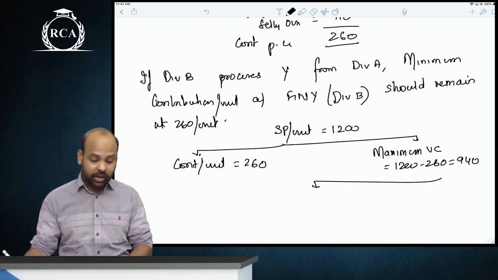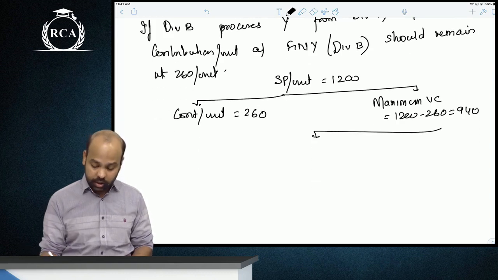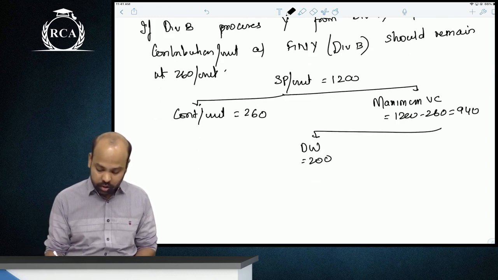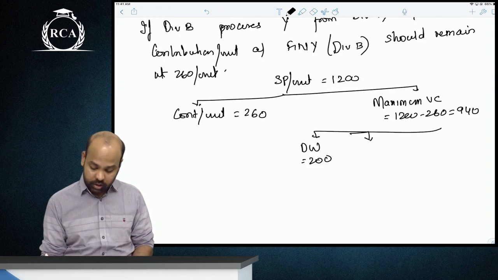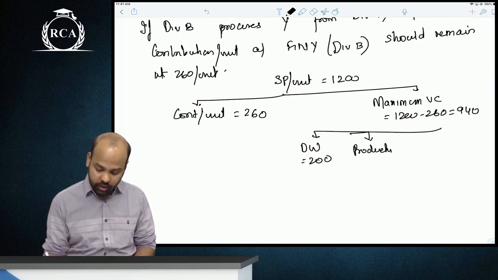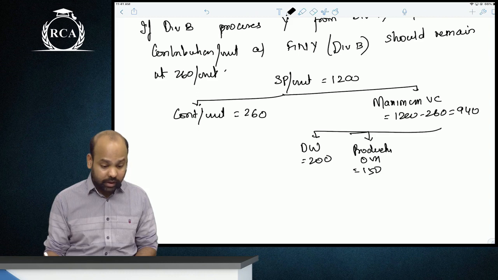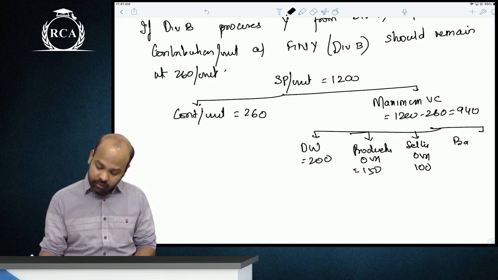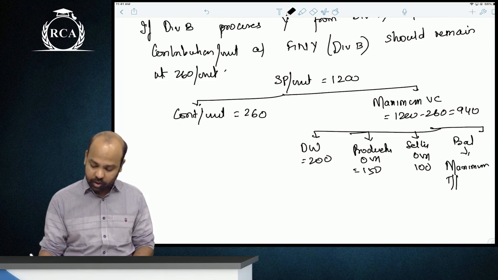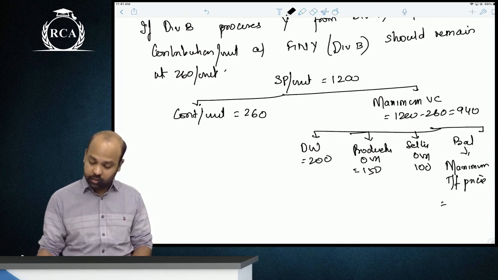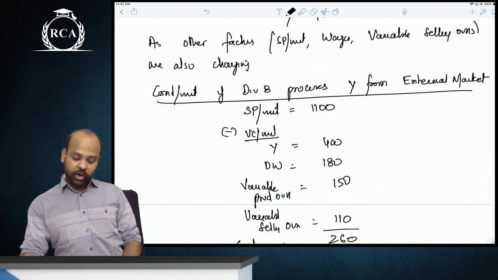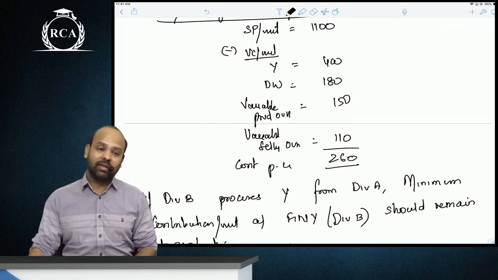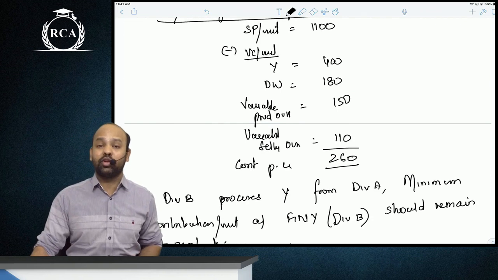Out of this 940, they will have to incur direct wages of 200, production overheads of 150, and selling overheads of 100 rupees. This balance would become your maximum transfer price. A beautiful question to understand the concept of maximum transfer price. If they procure this product Y from the external market, they are anyways going to get a contribution of 260 rupees per unit.